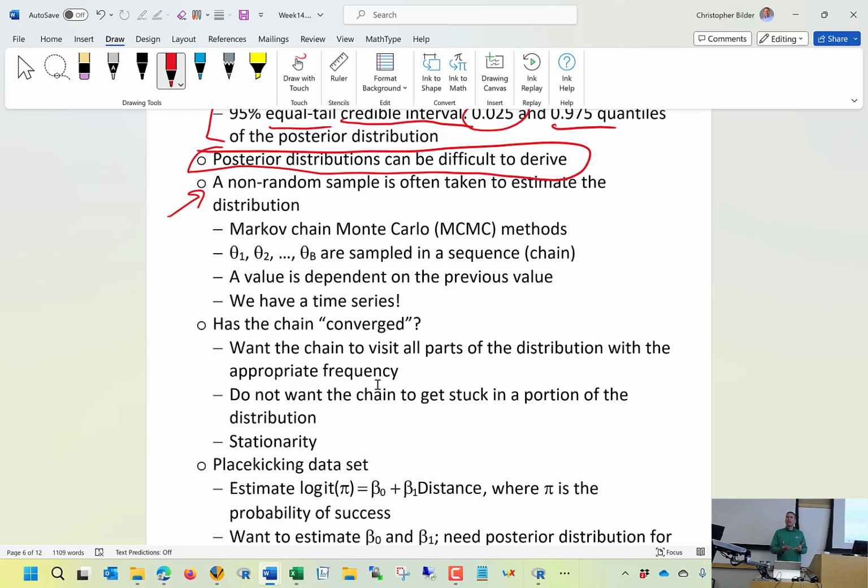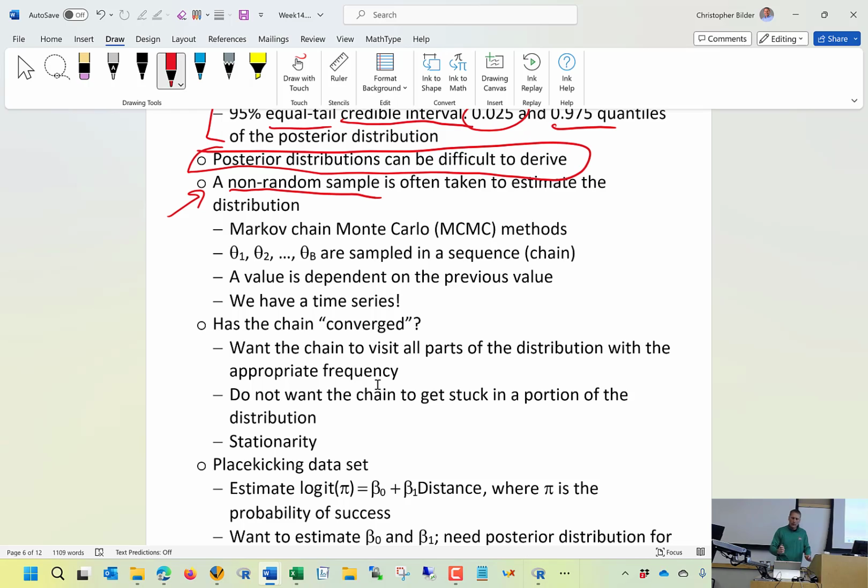That's a random sample. But instead, this sampling is done with a non-random sample, meaning the item I choose here was somewhat connected to another item that I chose before. So there's a correlation.